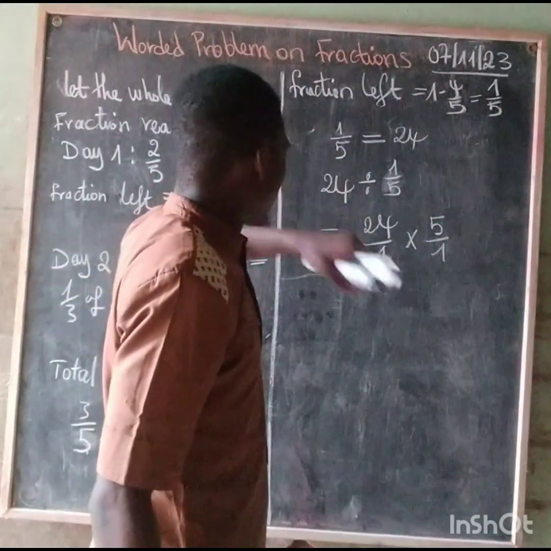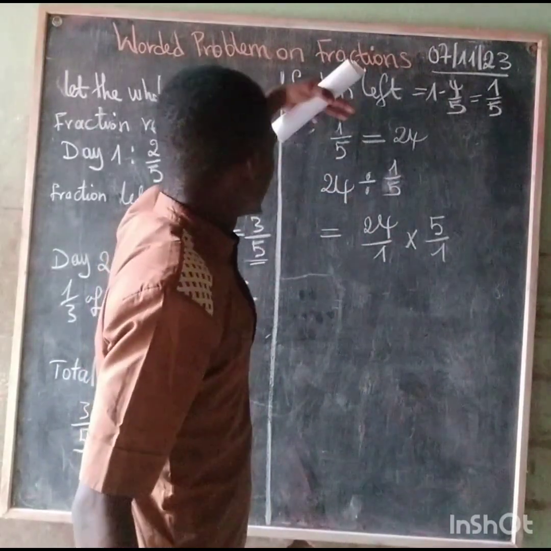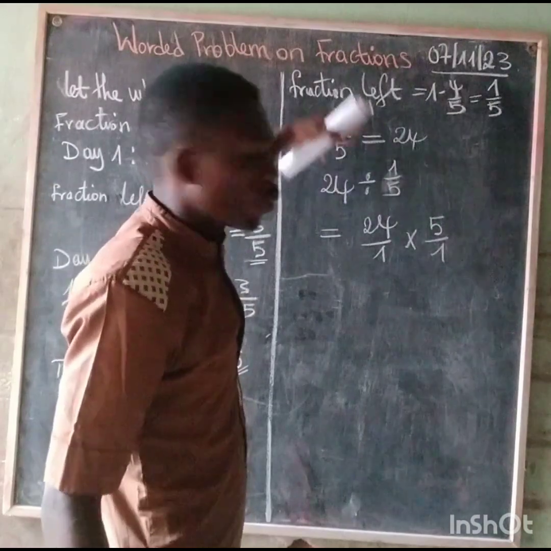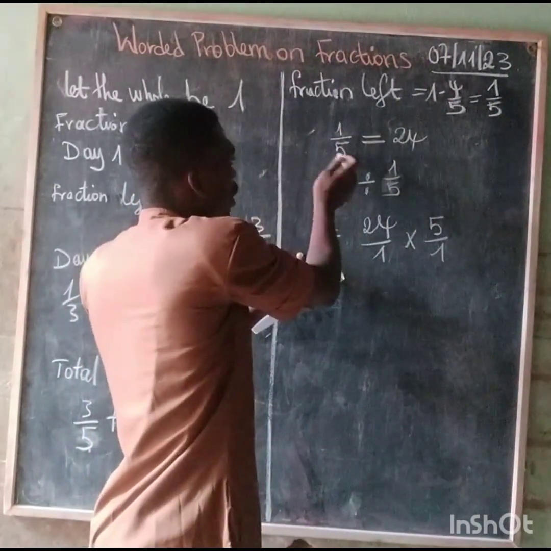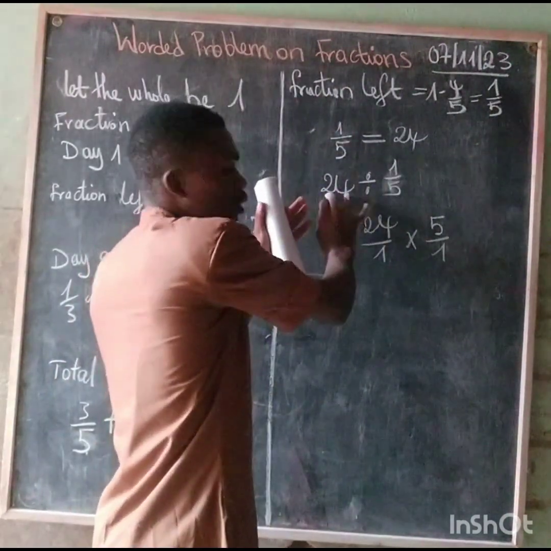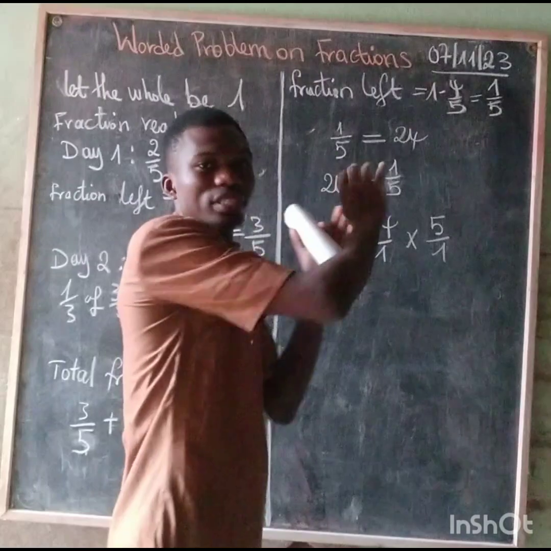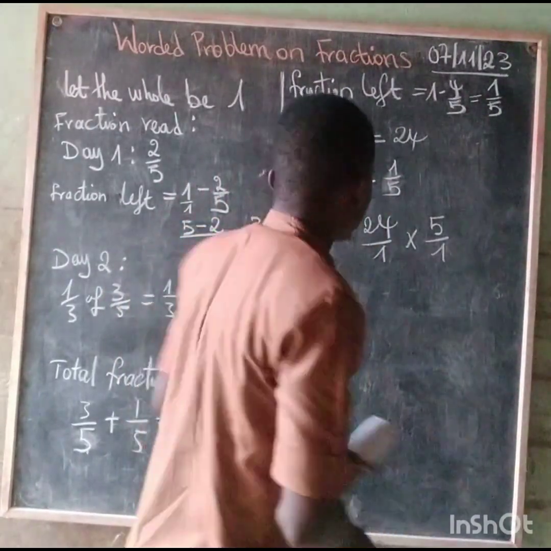So this is exactly what we do. We can either just invert the fraction, what do we mean? We just invert the fraction such that 1 goes down and 5 goes up. Or we divide the total number of pages left by the fraction left.